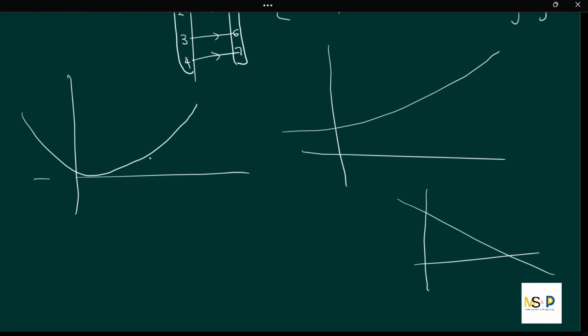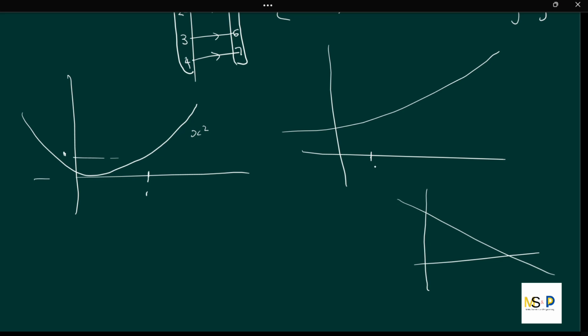All these are functions, because exactly one element here, let me say a 1, is mapped to exactly one other element here. This is actually the curve y is equal to x squared, and this is also another random continuous increasing function.